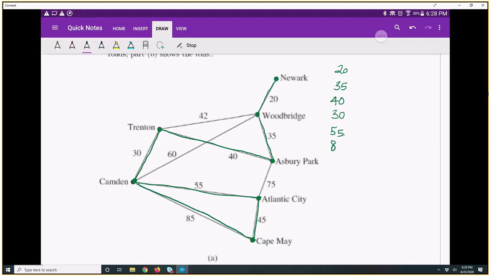So 45 and then 85. So if I put this all together, then I've traveled a total of 310 miles from Newark to Camden.